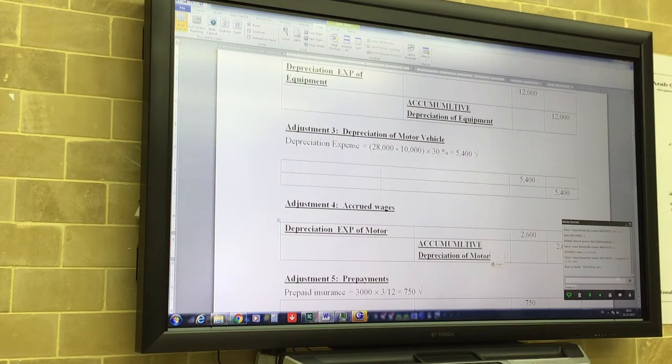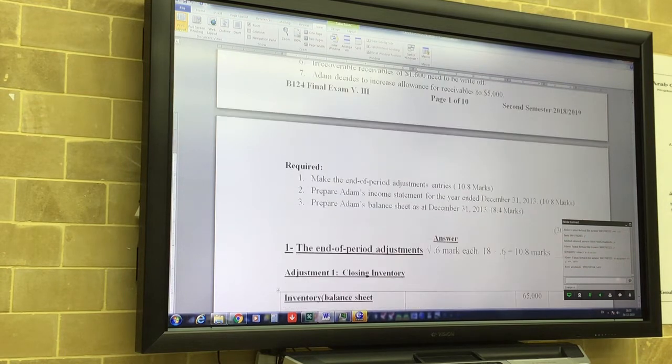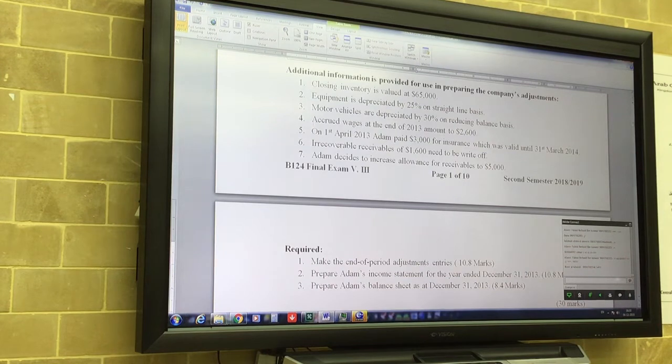Second, he asks you in transactions or information number 4: accrued wages at the end of 2013. So it means there is expense payable, still not paid.